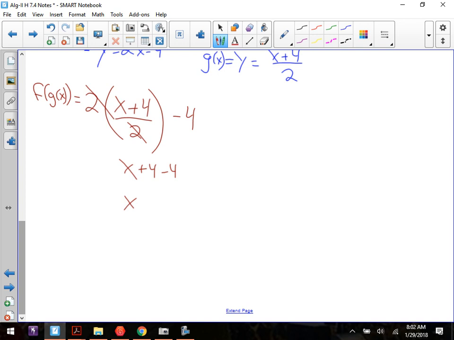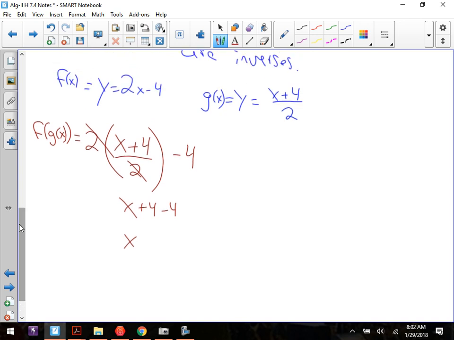And I do the same thing with the g of f of x. So if I start by writing down the f equation, x minus 4, and that's now playing the role of the x value in g, plus 4 divided by 2.